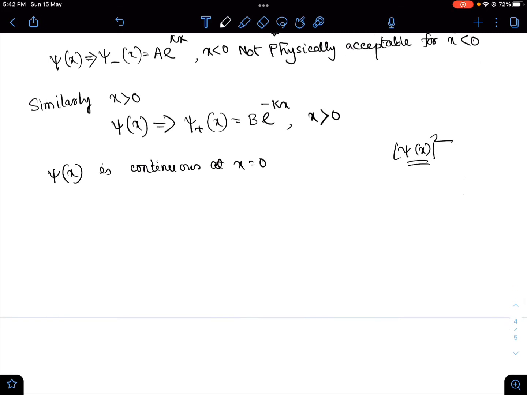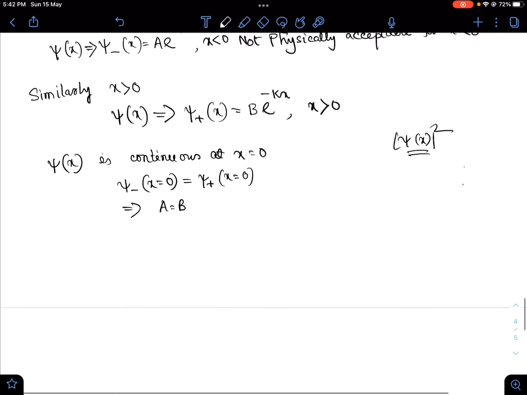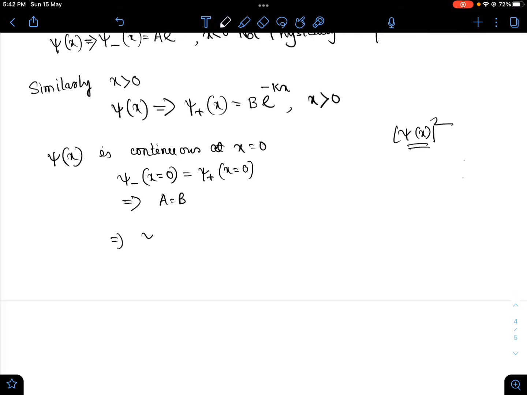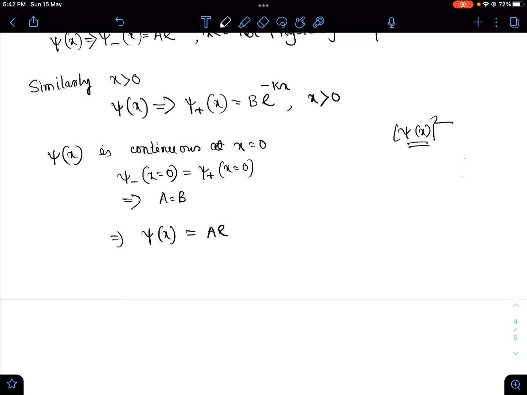By applying the continuity condition at x equal to 0, psi minus and psi plus at x equal to 0 should be the same. So that means a and b should be equal. So that implies that our wave function is a e to the power minus modulus of kx. So this is our physically acceptable wave function for x less than 0 and x greater than 0.